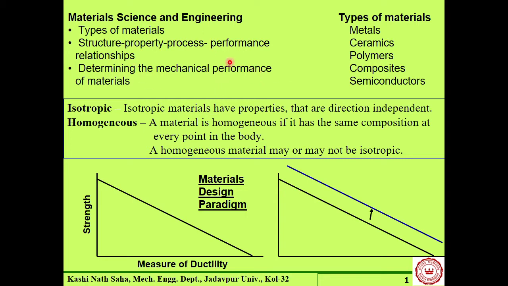And in material design, although we are not going to design a material, which is in the domain of metallurgy people or material science people who work on that, what is the idea of material design? This is basically to improve the property of the material. Say, for example, we would like to enhance the strength of the material as well as its energy absorbing capacity.